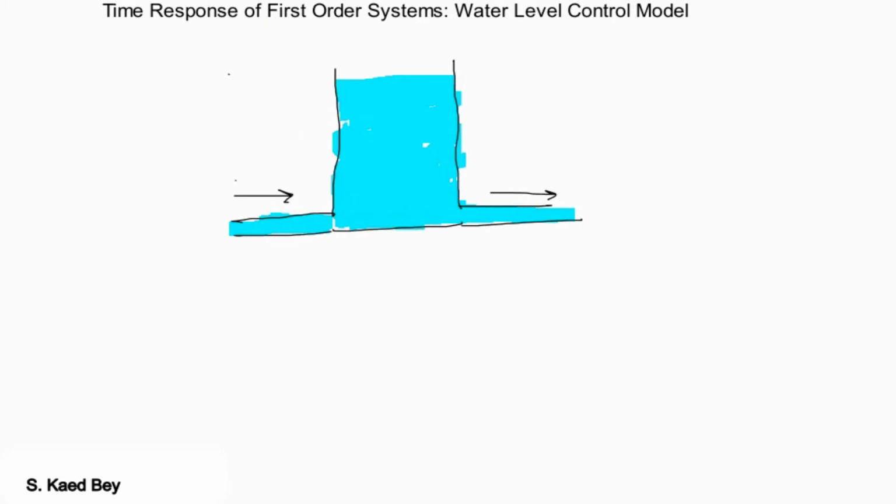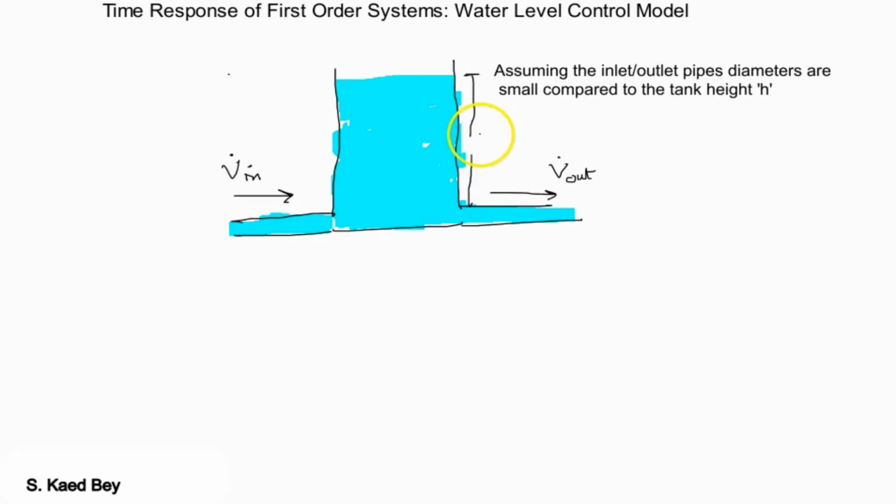So here we have some sort of volumetric flow rate coming in and some sort of volumetric flow rate out. And perhaps we can express the height of the tank as h.